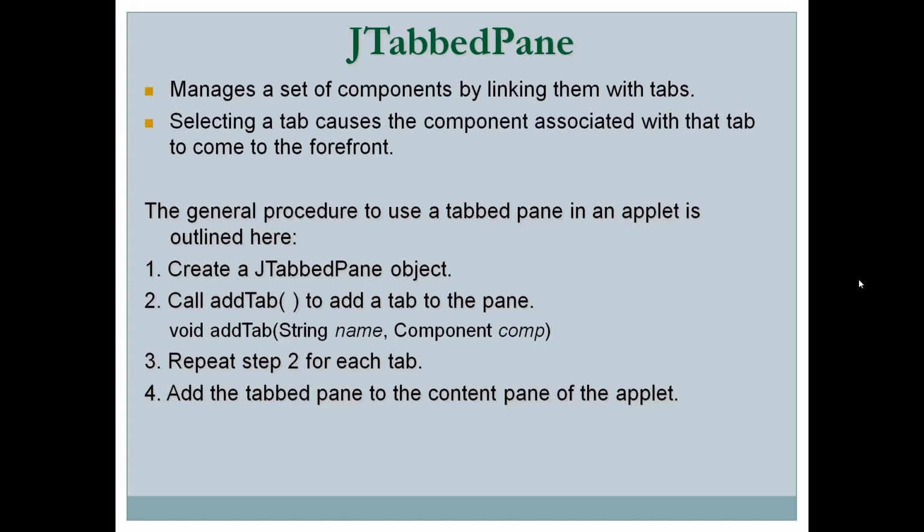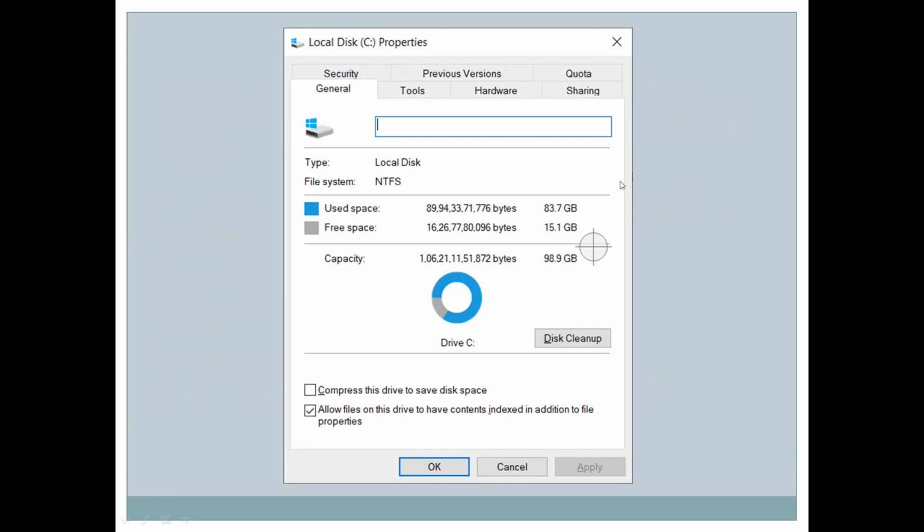For example, I have a screen, you can see here, this is a property screen. At the top we have tabs. Right now the general tab is clicked and you can see the components in the general tab. You can see a text field, some labels, an image, a button, and check boxes.